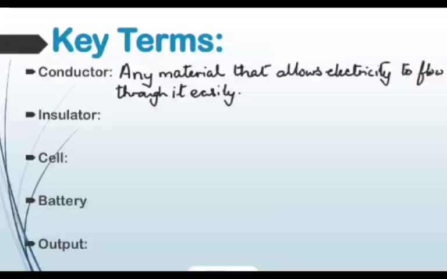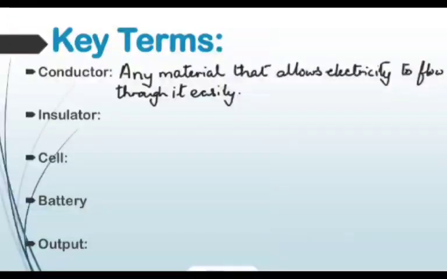Any material, anything. It could be cloth, it could be plastic, it could be paper, but ideally paper and plastic do not allow electricity to flow through it. But the ones that allow electricity to flow easily through it, what does that mean? That the negative charge easily jumps from one electron to the other.